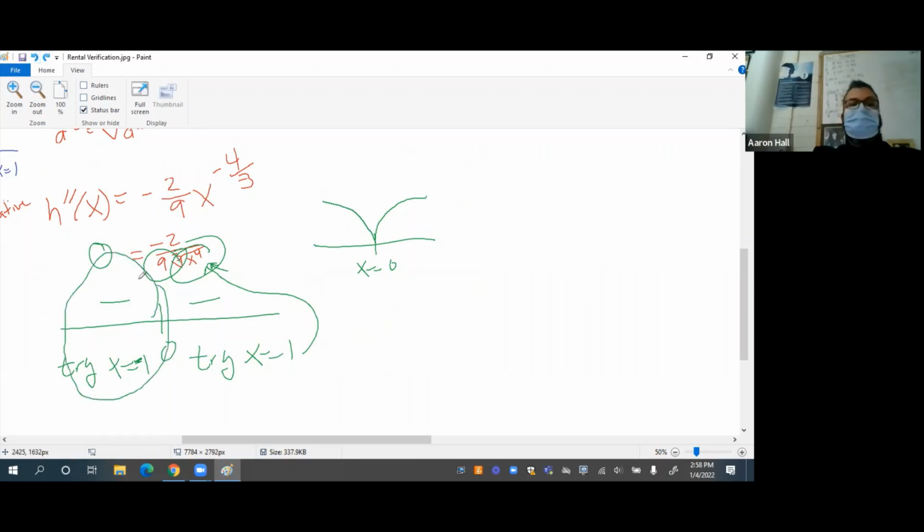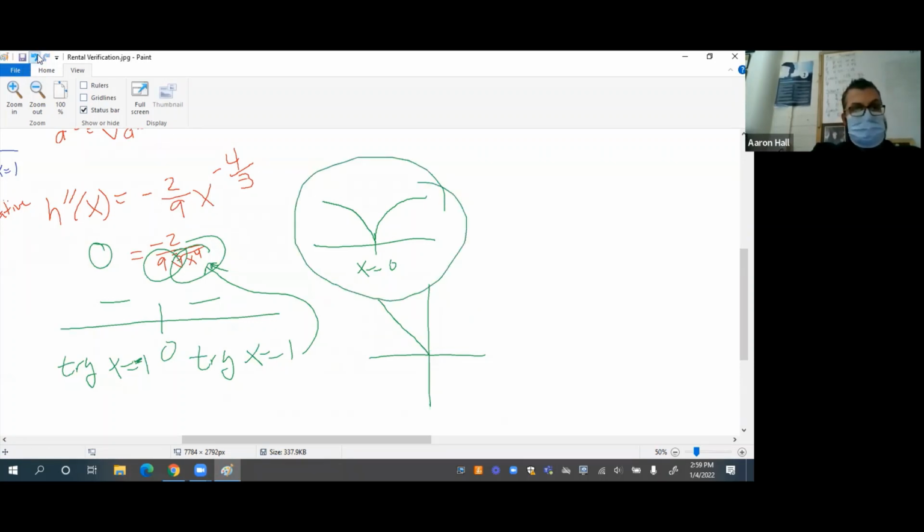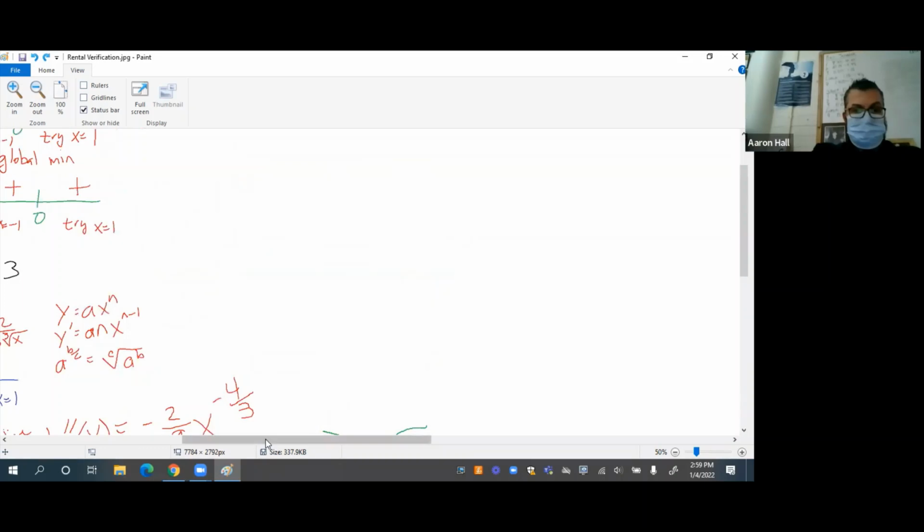This is defining it as concave down. A corner is not concave anything. There's no concavity to a corner. So it has to be a cusp. Okay, let's graph it.